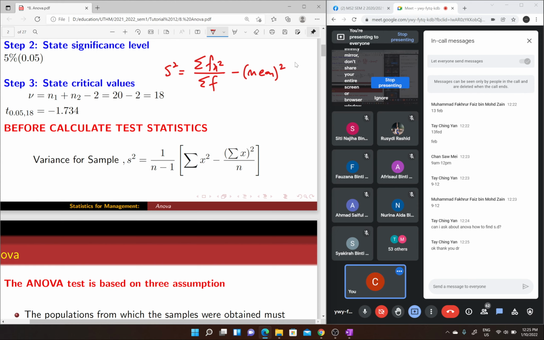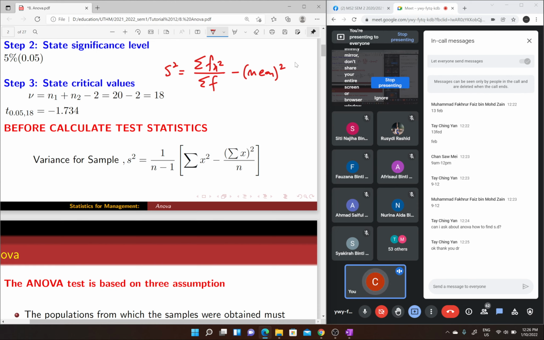Yeah. You may use either one. The answer won't deviate much.